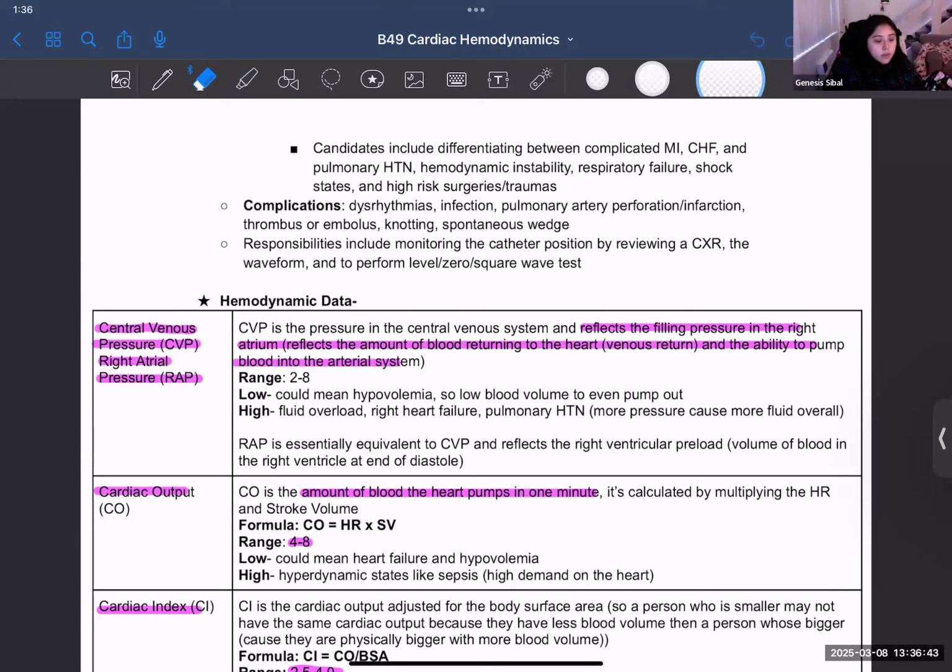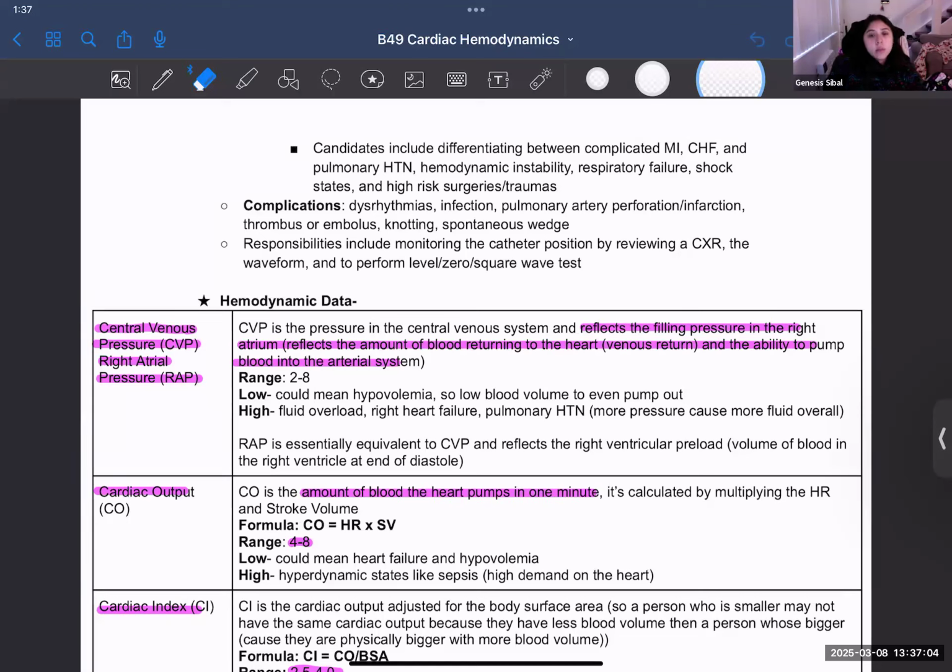So RAP, yeah, the same thing. I was getting a little confused about my verbiage, but don't overcomplicate it, because I know these things can get confusing. RAP is equivalent to CVP. So don't overthink it. Basically, we're talking about venous return, what's happening, and then the ability to pump it out after.